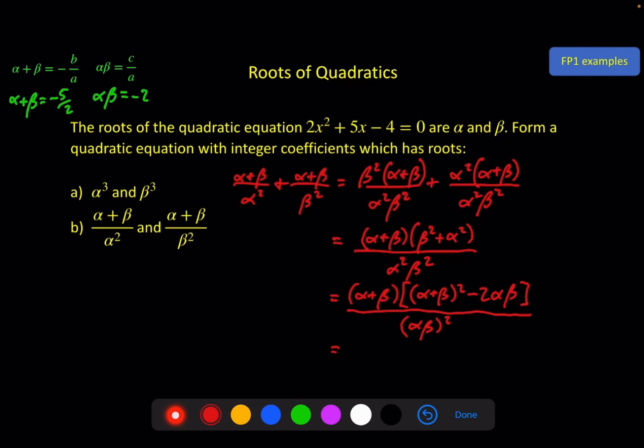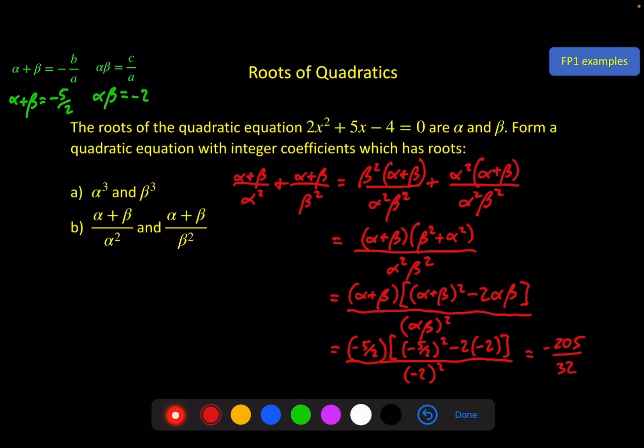So here we've got minus 5 over 2 times minus 5 over 2 squared minus 2 times minus 2, all divided by minus 2 squared. And I'm just going to drop all of that on my calculator, which gives minus 205 over 32.